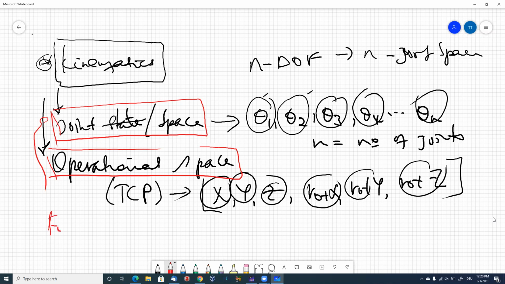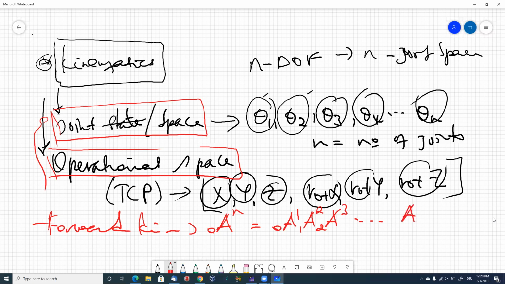We could have forward kinematics, which in general is a multiplication of each matrix, for example from 0 to n: A 0 1, A 1 2, A 2 3, dot dot dot, up to A n minus 1 n. So this is a multiplication of the kinematic chain, a series. The other is the inverse kinematics.